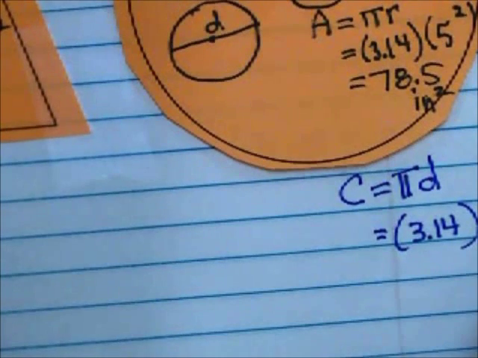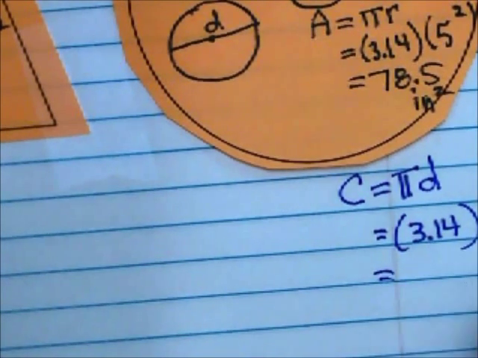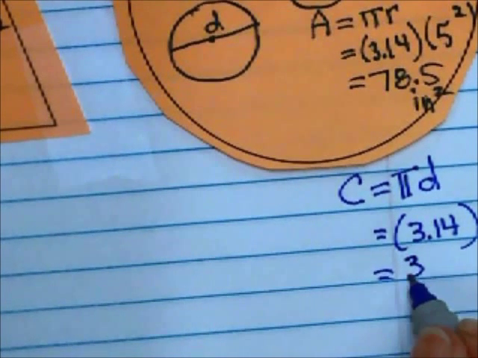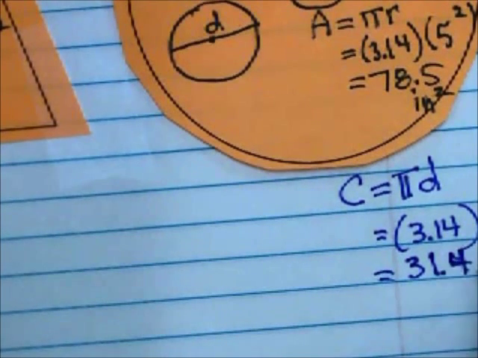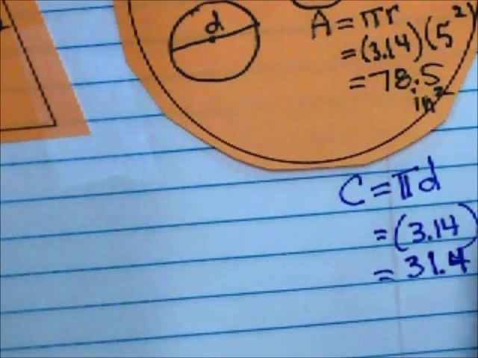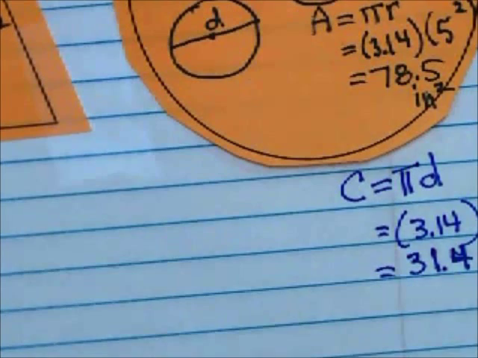So I'm going to change this to a 10. 3.14 times 10, when I multiply by 10, all I have to do is move the decimal over one place. So I have 31.4, and this time it's just inches, because circumference is a lot like perimeter. It's just the distance around.